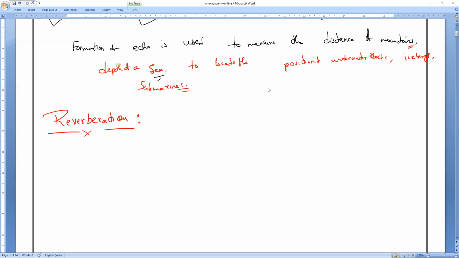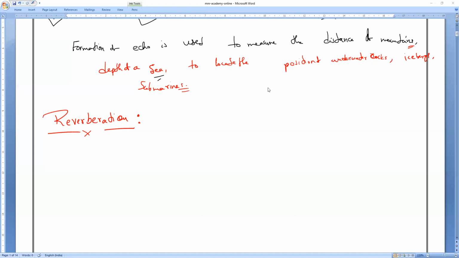That is what we call reverberation: the persistence of sound due to the overlapping of multiple reflections by floor, wall, roof, everything.